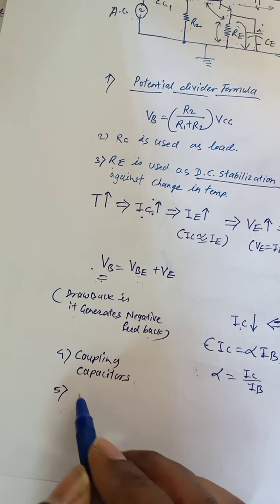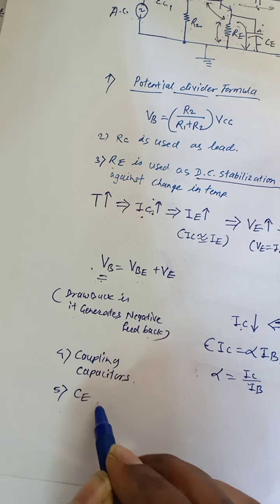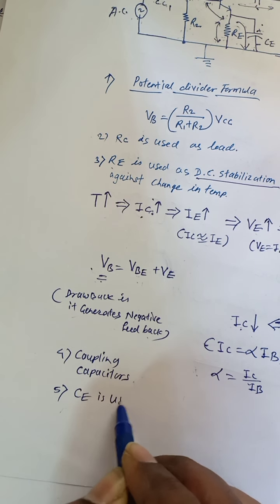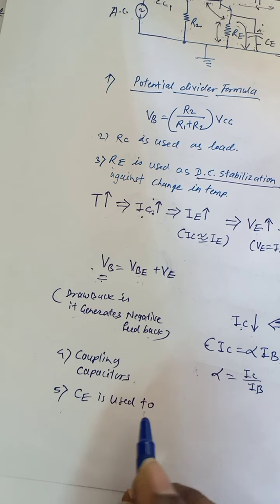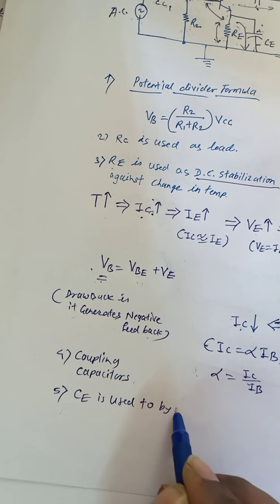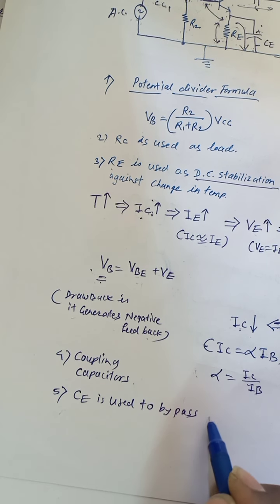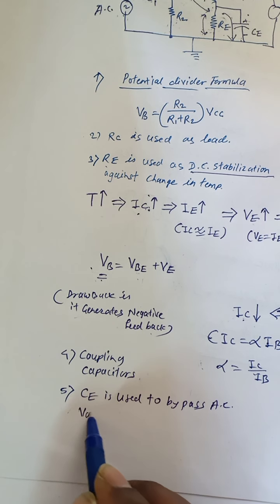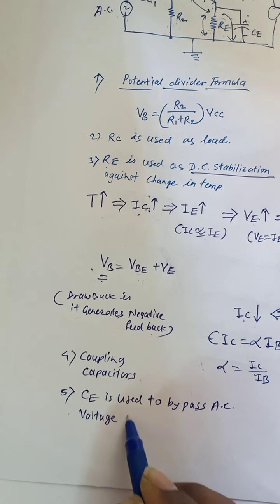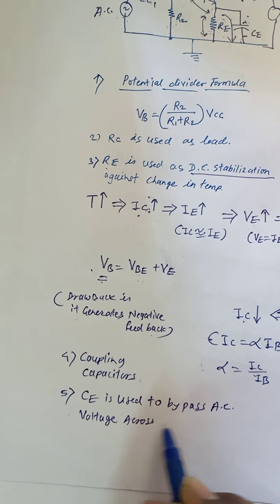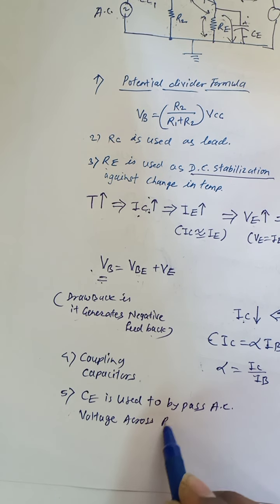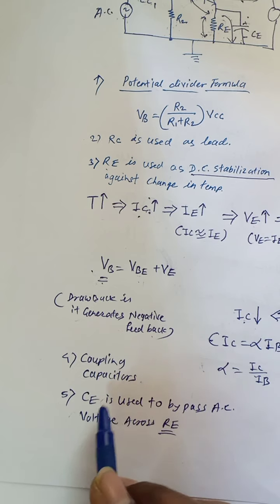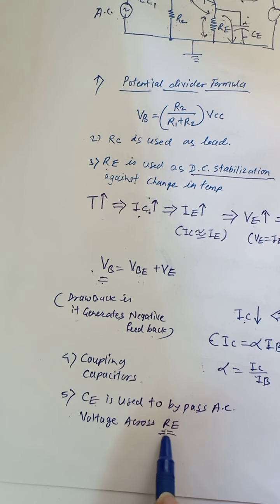So this capacitor CE is used to bypass AC voltage across RE.